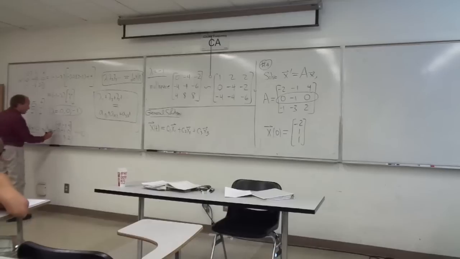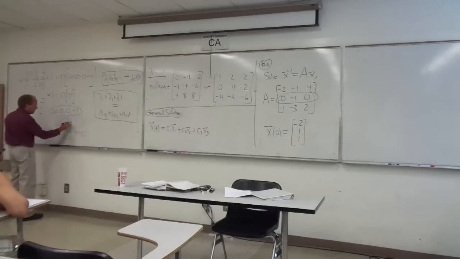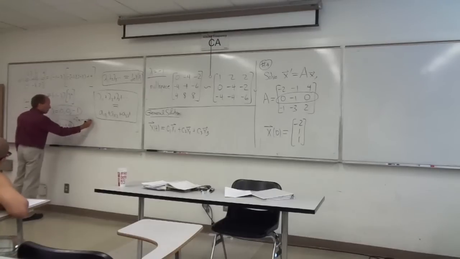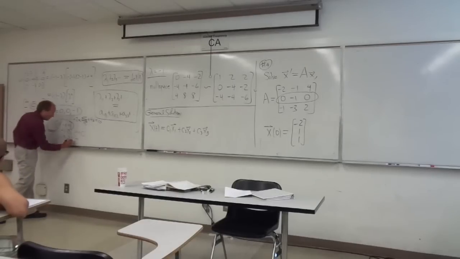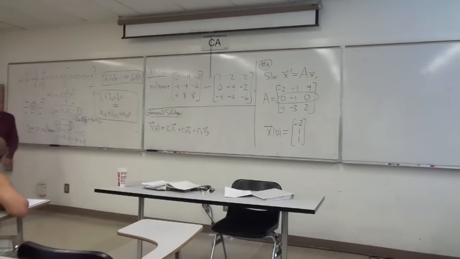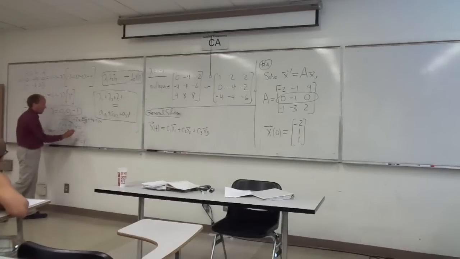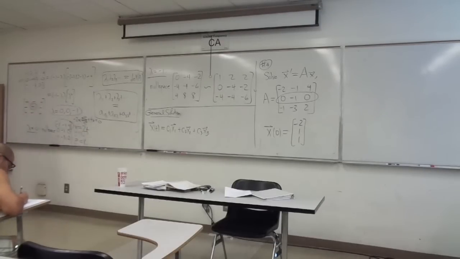So if we take this first row and write it as -2x minus y plus 4z equals 0, and remember that y is 0 for a second, now you can see that z is free. I'll call it t. And as soon as z is equal to t, then what's x going to be equal to? 2t. Exactly.